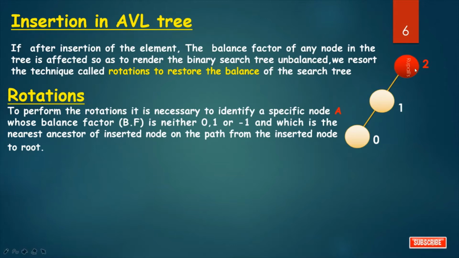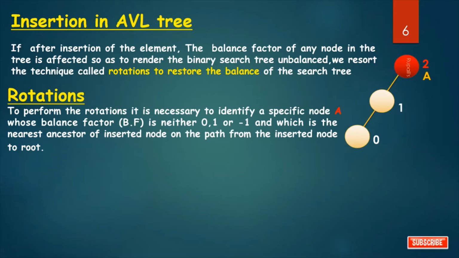So this is our node. I am giving the node the name A. We have to first identify this node, which is the nearest ancestor of the inserted node. The newly inserted node is this node. By insertion of this node, the balance factor of this node is disturbed.